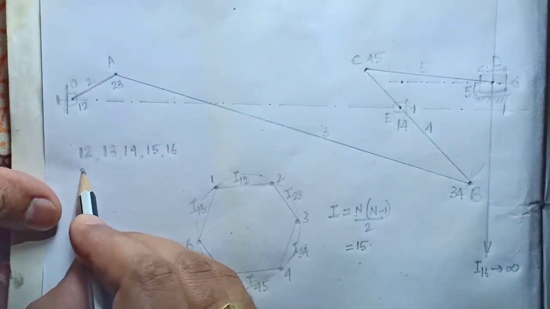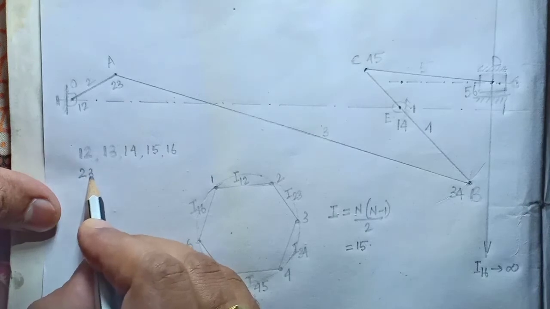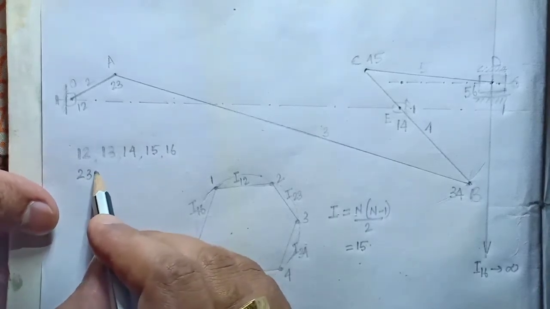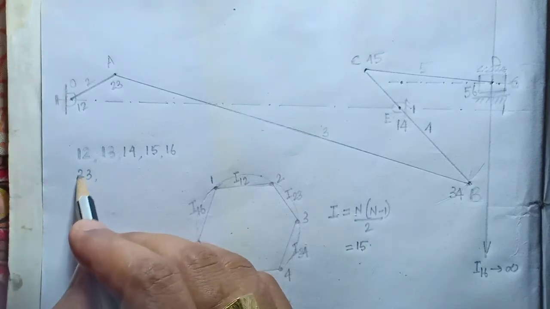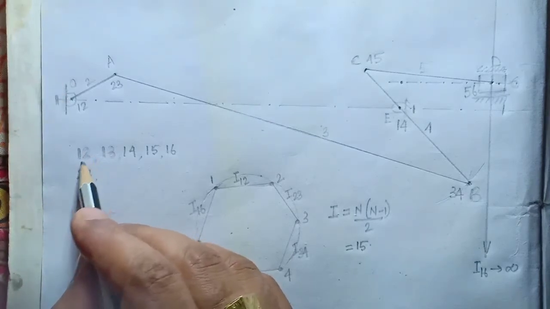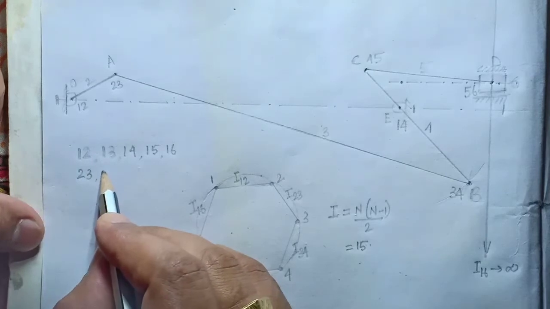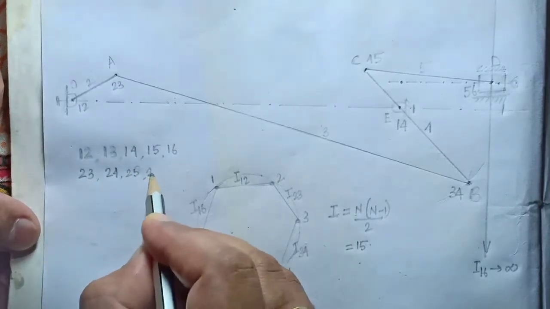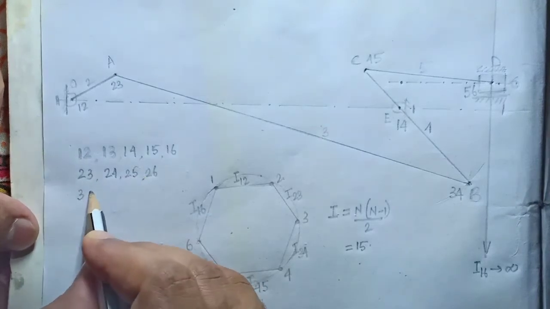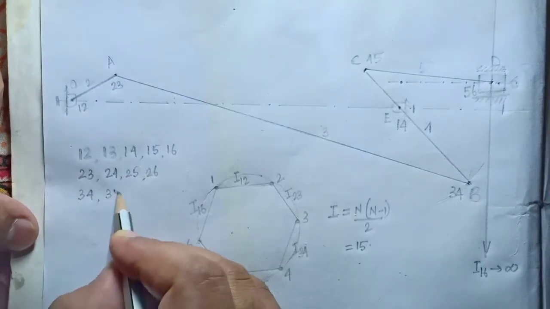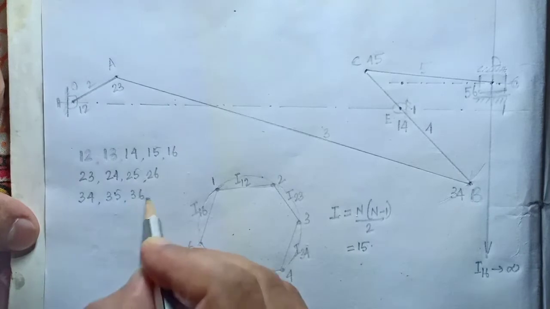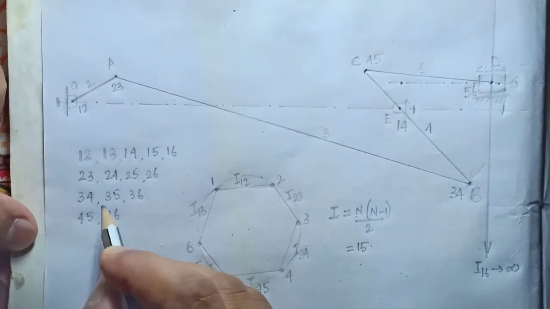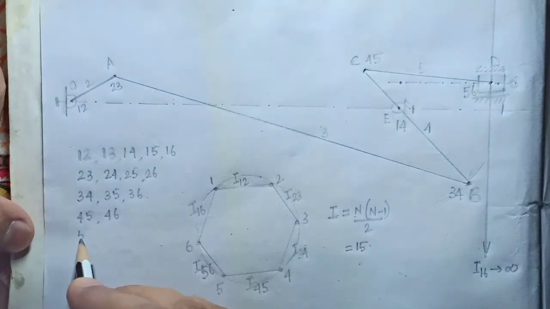Now link 2 with 3 makes the instantaneous center I23. We are not writing 2 1, because 1 2 and 2 1 are the same. After 2 3 come 2 4, 2 5 and 2 6, and similarly 3 4, 3 5, 3 6, then 4 5, 4 6, and similarly 5 6.